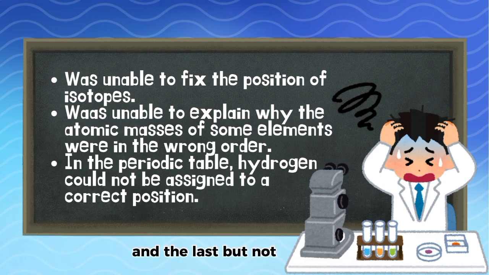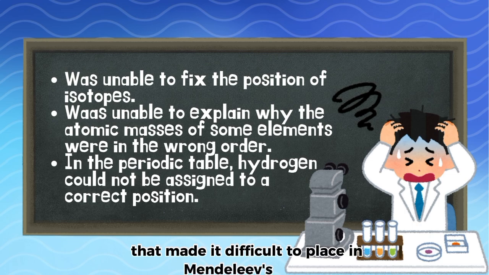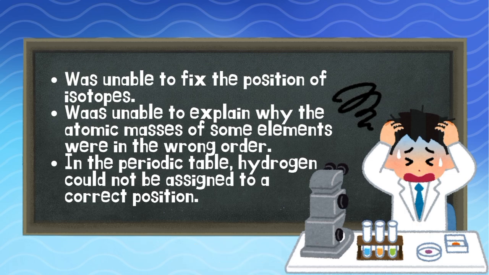And last but not least, in the periodic table, hydrogen could not be assigned to a correct position. Hydrogen has a unique set of properties that made it difficult to place in Mendeleev's table. Like the alkali metals, group 1, it has a single valence electron and can form a +1 ion, H+.